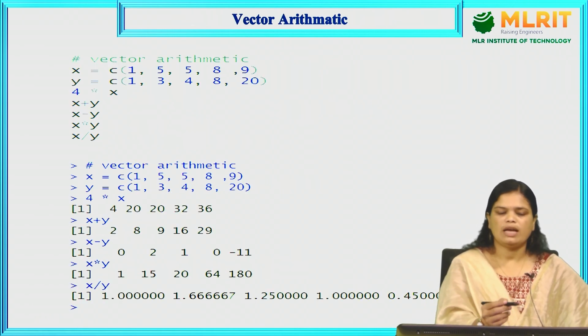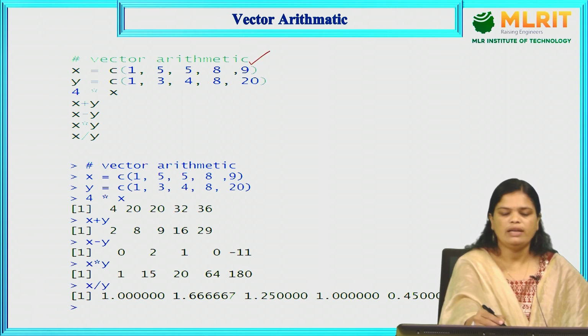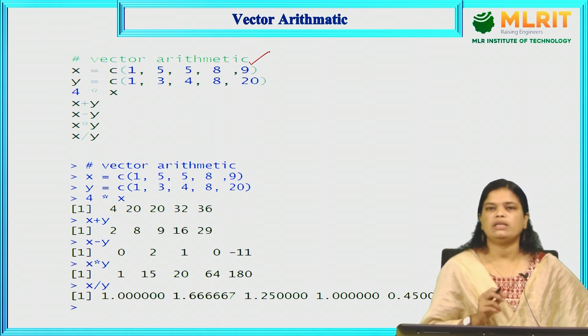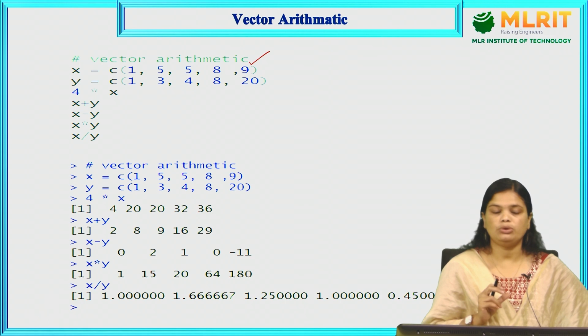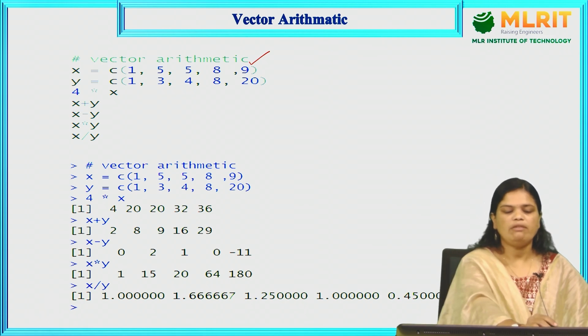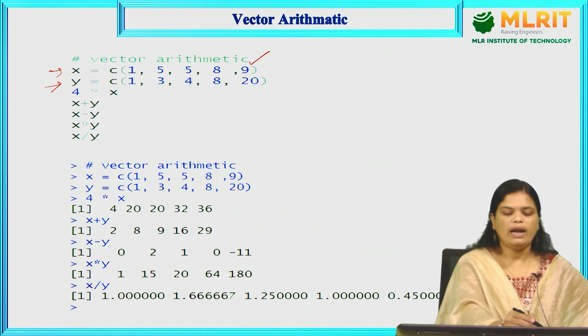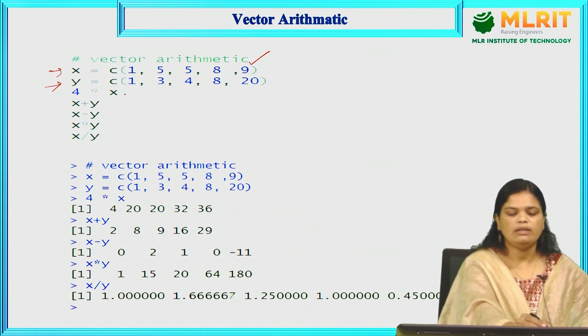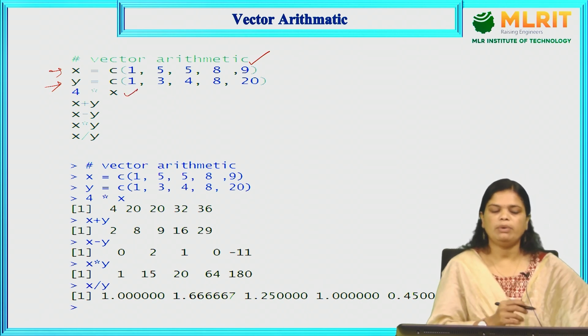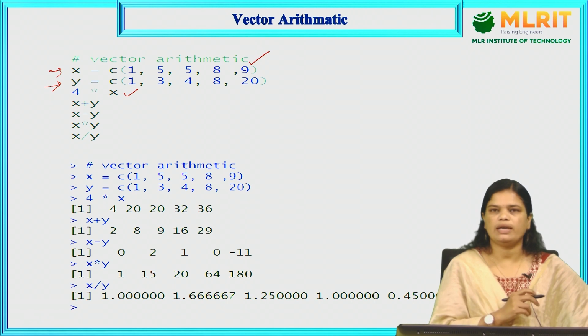One more example: we can have all the basic operators applied on 2 vectors. I have a vector called x, and I have a vector called y. I am multiplying 4 with x, that is the first example.